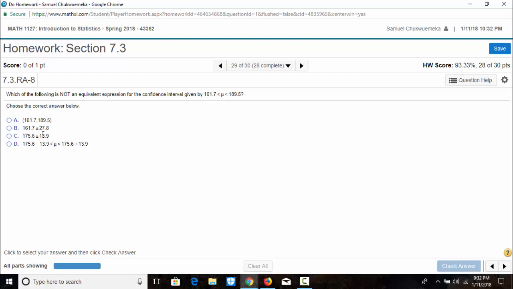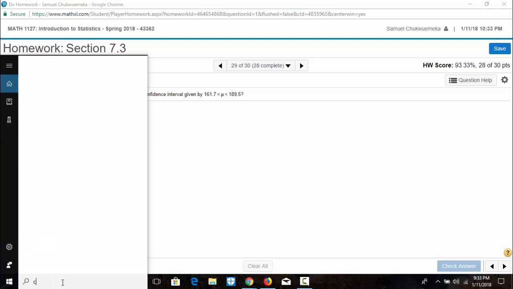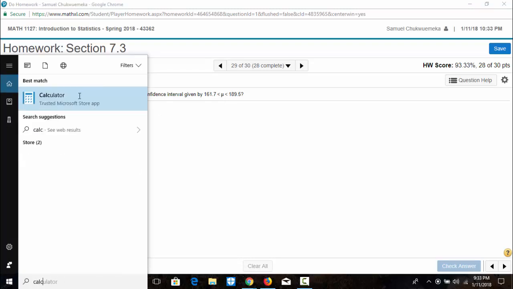We now look at this here. Let's look at B and C. If you look at B and C, okay, and D. We want it to be eventually this. So let's just go ahead and pull up the calculator real fast.